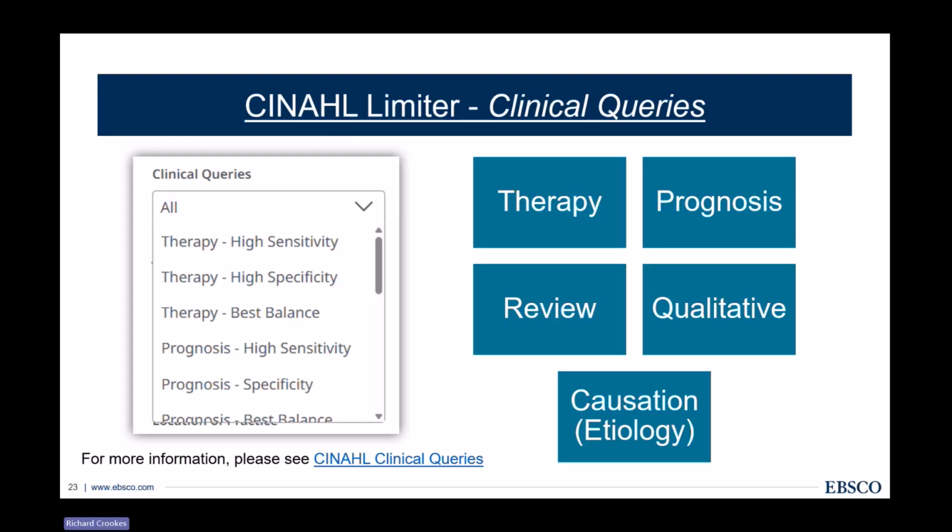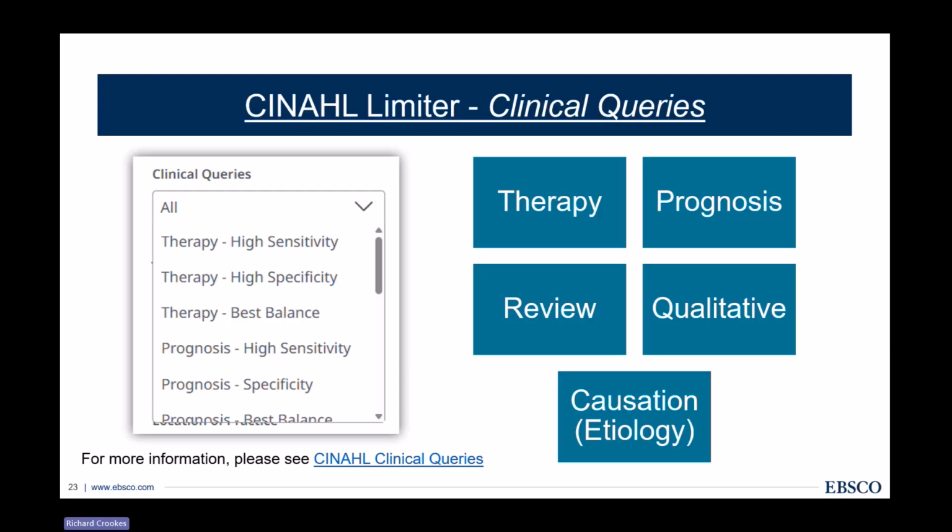Now, we also have clinical queries as well. So these can also be applied, and they are designed to retrieve results based on high sensitivity. So they are the broadest search to include all material, or high specificity, which is the most targeted search to include only the most relevant results set. So we see you've got therapy, prognosis, review, qualitative, and causation or etiology covered in CINAHL.